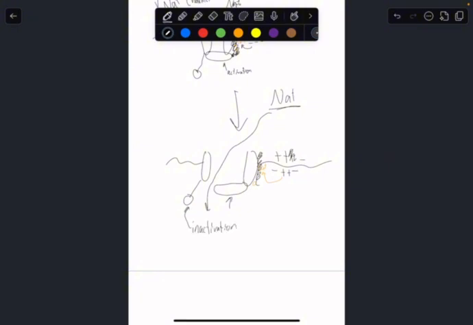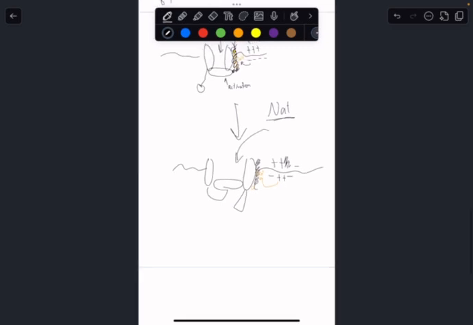What happens is that when this opens, after a certain amount of time, this inactivation gate will swing in and close off that gate, even if this is open here. And it'll stop the flow of sodium coming into the cell.